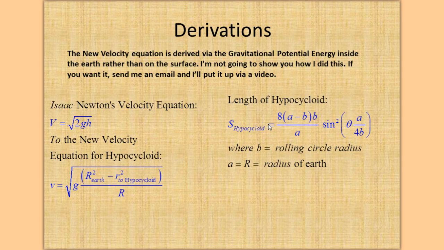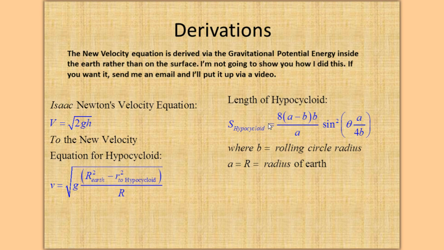Okay, and we also have the length of the cycloid. The length of the cycloid is equal to 8 times (a minus b) times b divided by a, times sine squared of theta a divided by 4b. You see how these get so confusing? Here b is the rolling circle radius, and a equals the radius r of the Earth.